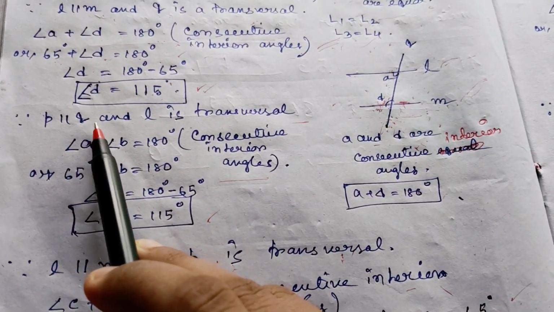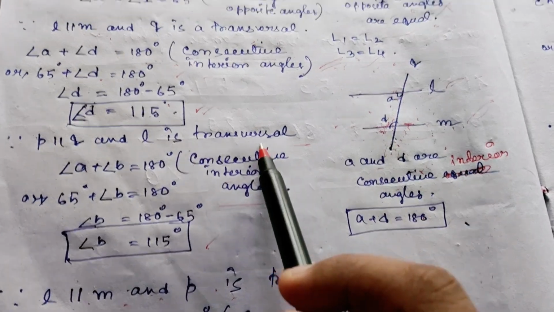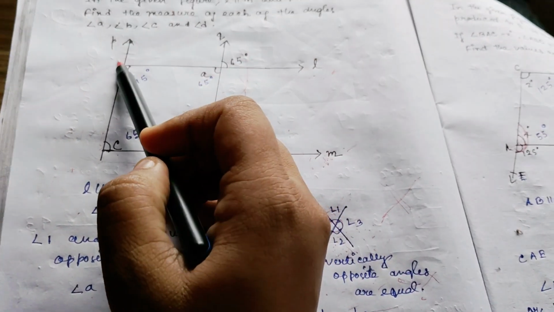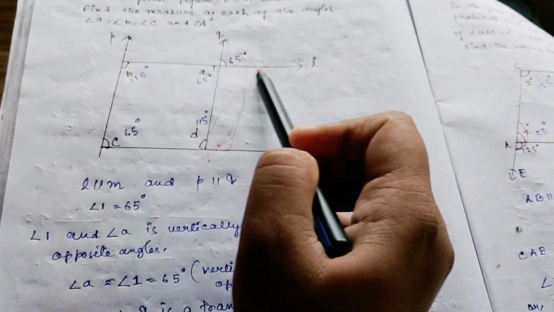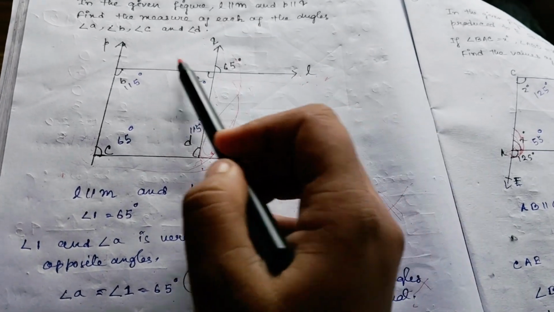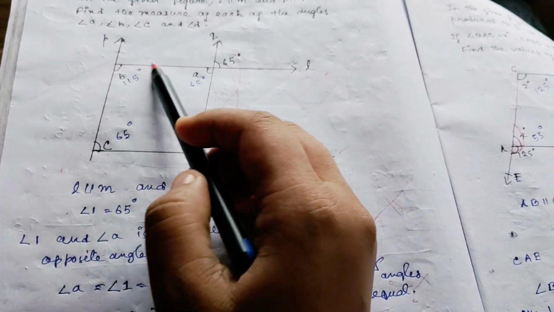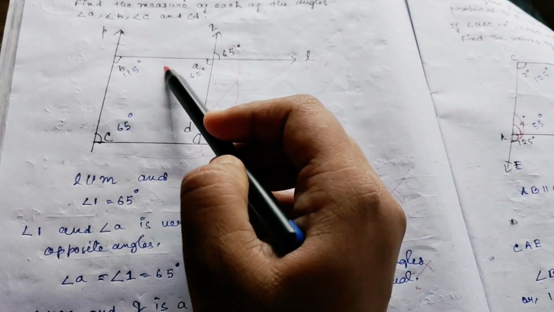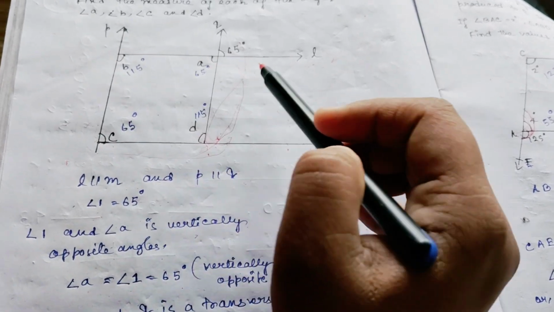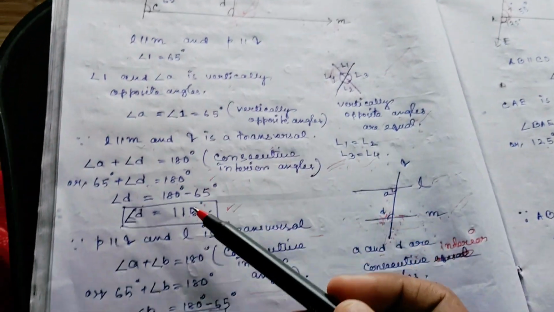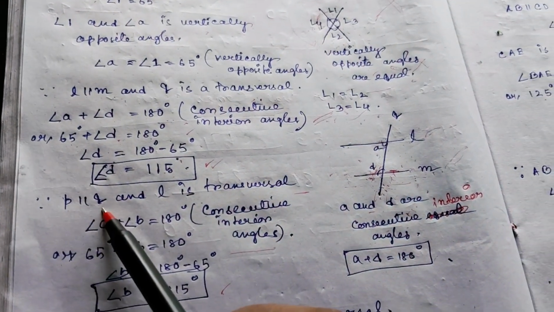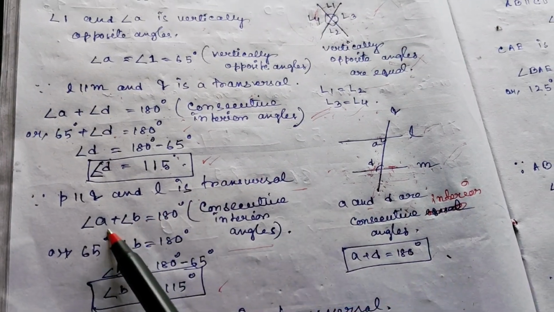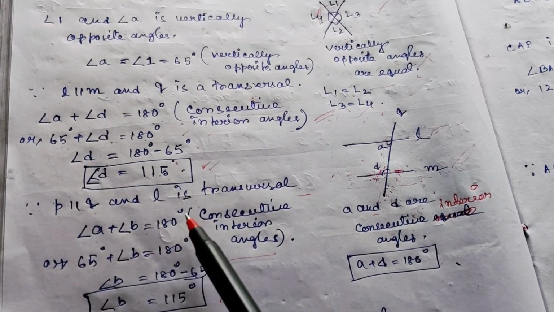Then P parallel to Q and L is transversal. Yes, we can easily see this. P parallel to Q and L is transversal, therefore their interior angles also will be 180 degrees. So we can write, if P parallel to Q and L is transversal, then angle A plus angle B is equal to 180 degrees.